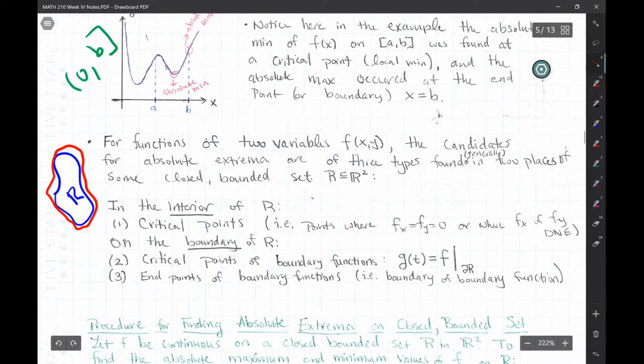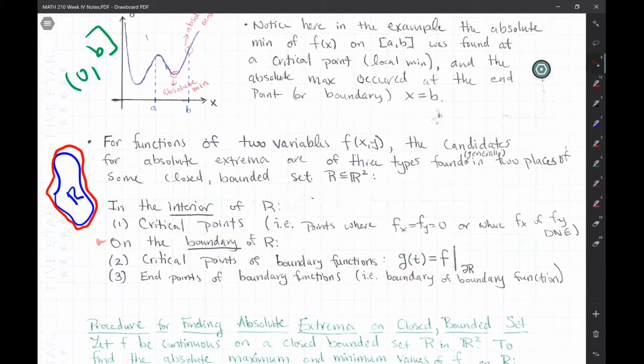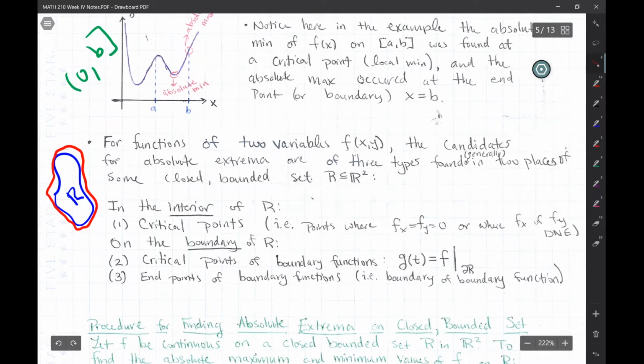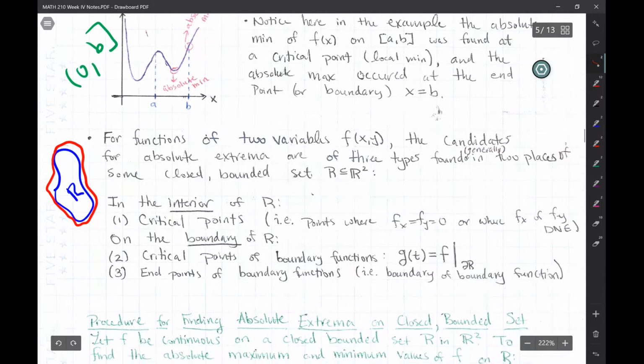This problem is analogous to the function of one variable problem. We actually do have a function of one variable, and we will have to check the endpoints of this function of one variable, where it's at the interval we're looking at. And of course here I write generally because a critical point can show up at the boundary, so we have to pay attention to that. Here I'm just speaking broadly.